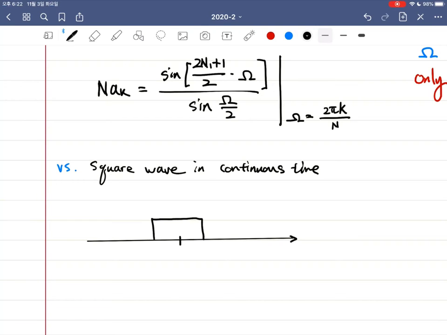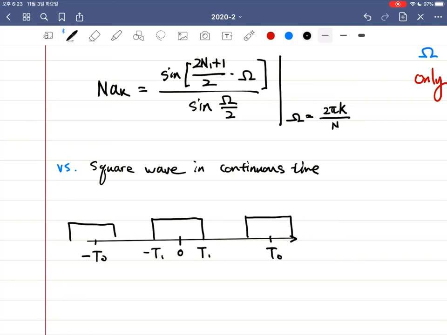I have this kind of form from minus t1 to plus t1, and since you have to have this periodic signal, if my period is T0, then you will have another square wave here, and if I have minus T0 here, I will have a square wave like this.